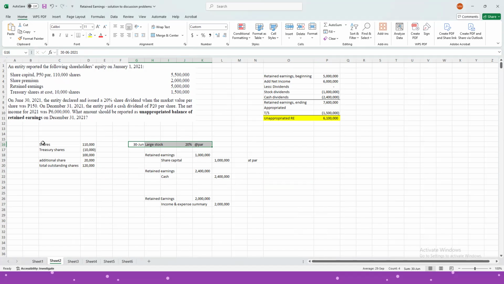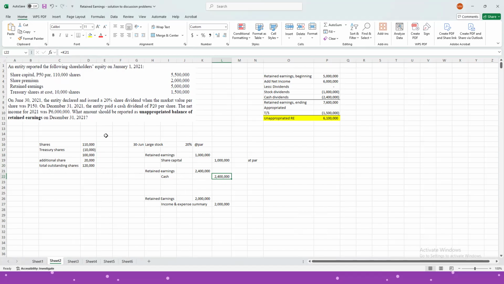It's important, class, whenever you're dealing with problems like this, kailangan una natin ina-establish how much would be the total outstanding shares. So in this case, 120,000 multiplied by 20. So debit retained earnings for 2,400,000 and then credit cash, 2,400,000.